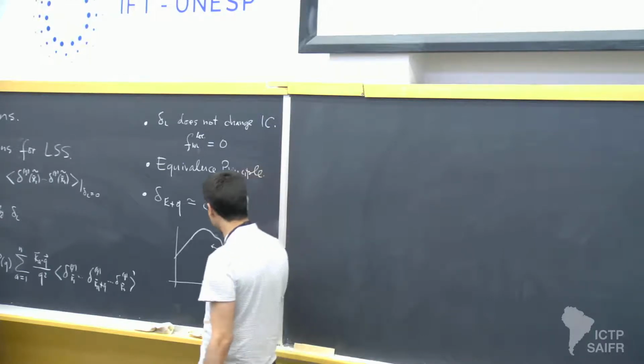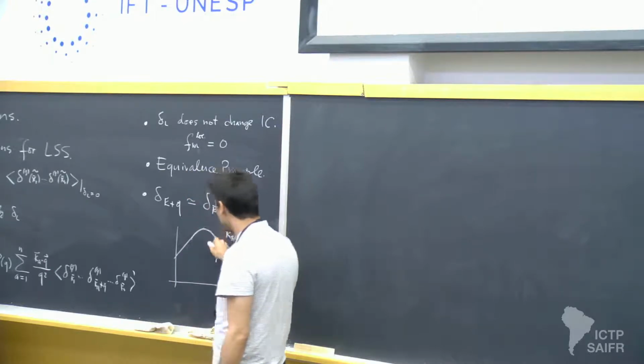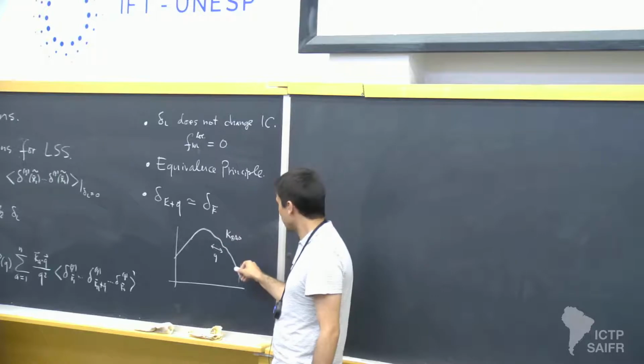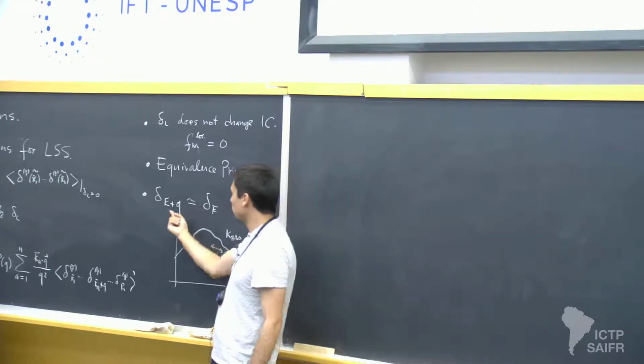There is some scale here, k_BAO, which tells you the frequency of the BAO oscillations in Fourier space.